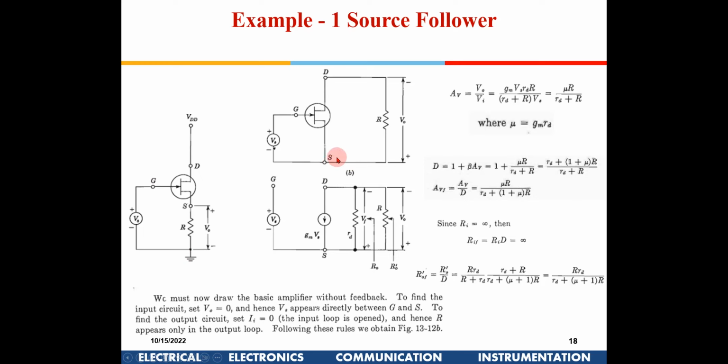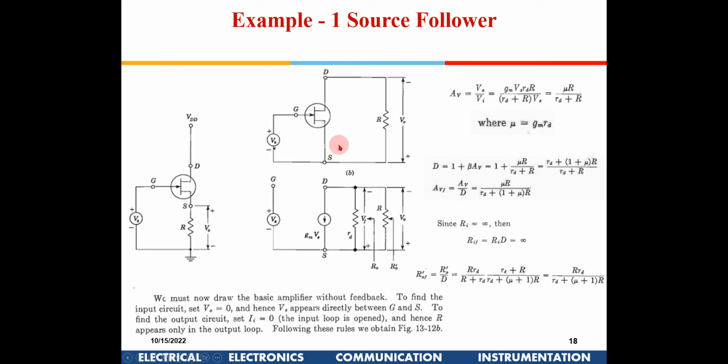So this R is shown here from the source. This is the circuit where the feedback has been removed, but the feedback element is still there. That is the loading effect we are still taking into consideration. Only the feedback has been removed.